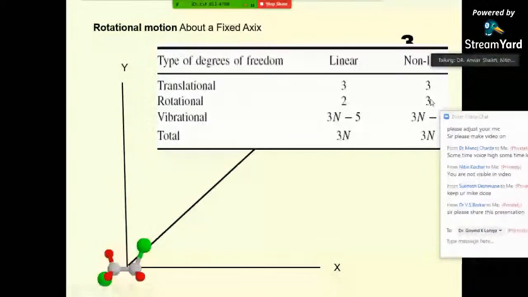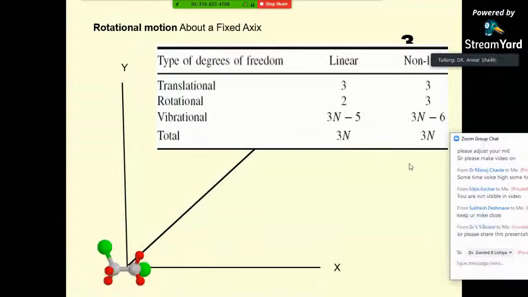Excuse me, Anwar sir, can you please adjust your mic, because most of the participants are not getting it correctly. But if they go to YouTube simultaneously, the voice is very clear there. Still, if you can, please do this.